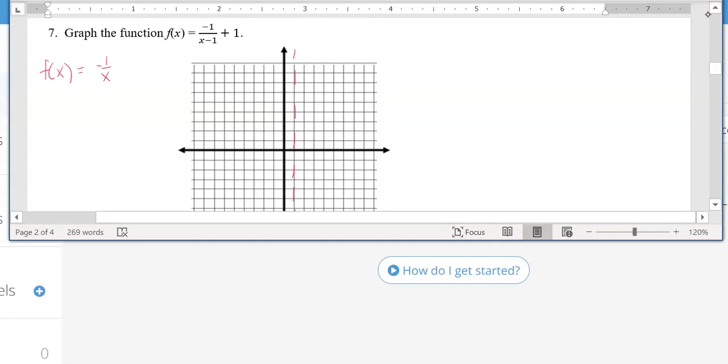And so I moved 1 to the right, and this indicates a shift of 1 up. So we take the original parent horizontal asymptote, which is the x-axis, and we shift it up 1.